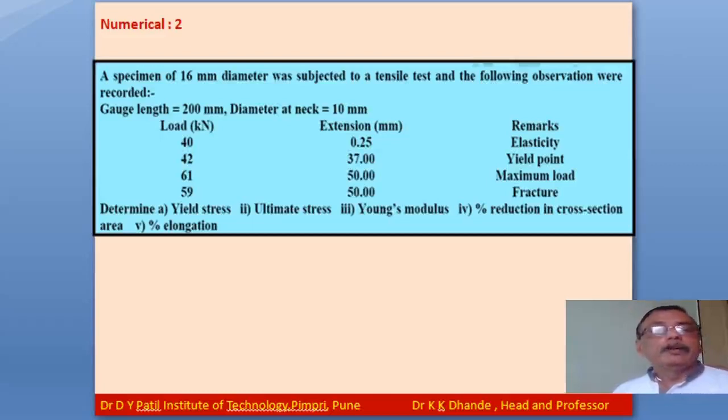And at 59 kilonewton fracture takes place. Now we have to calculate yield stress, ultimate stress, Young's modulus, percentage reduction of cross-sectional area, and percentage elongation. Okay, now come to the point.